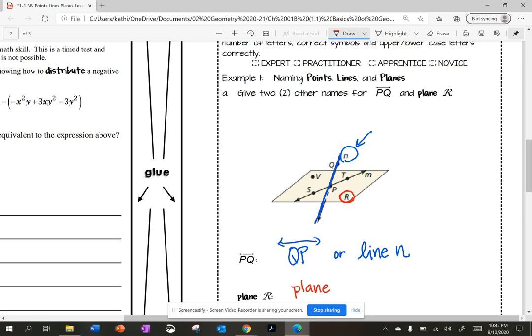So I can say plane SPV, or I can say plane PTV. I can name 3 points, but they cannot be S, P, and T, and they can be in any order.